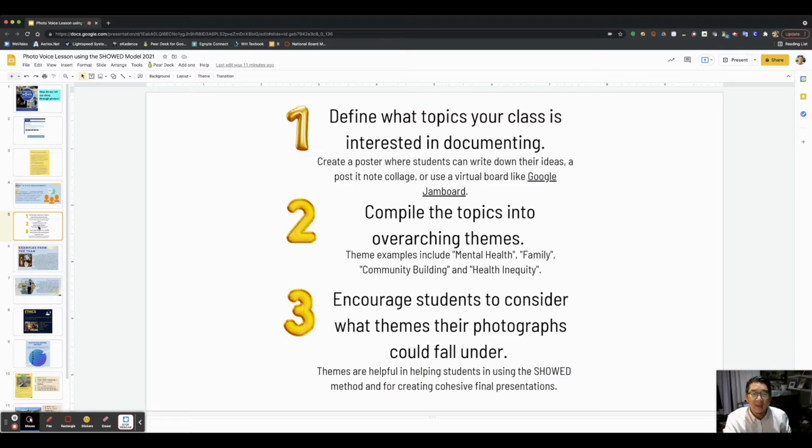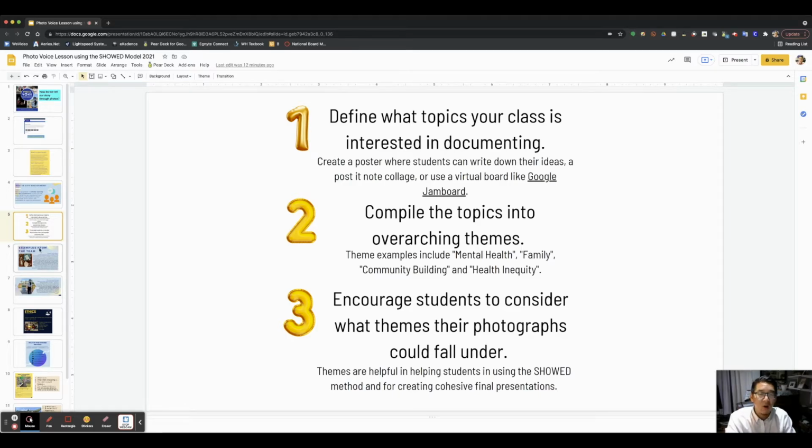So once again, it might begin with thinking about the kind of topics that our class is interested in documenting. It could be issues of mental health, family, community building, health inequity, racism, poverty, COVID-19, whatever it is that the students are interested in creating.